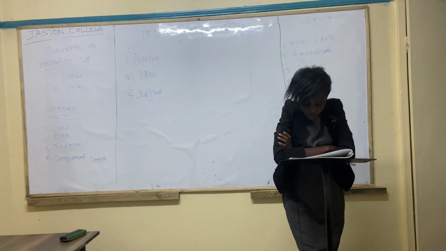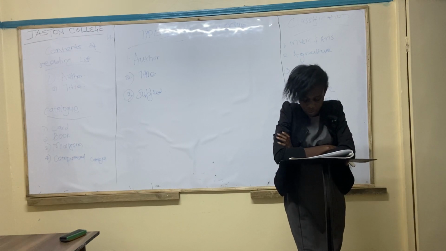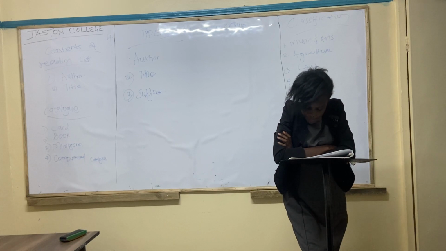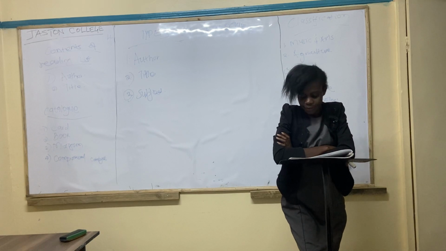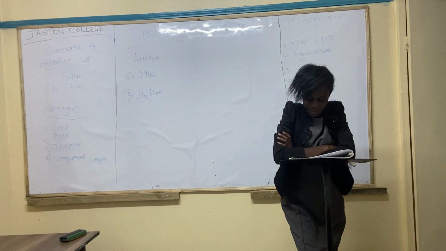That is information sources and services. First we are going to discuss the types of information services. Number one is the addresses, and the second one is through telephone numbers.